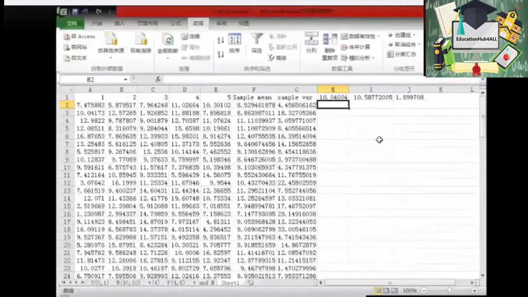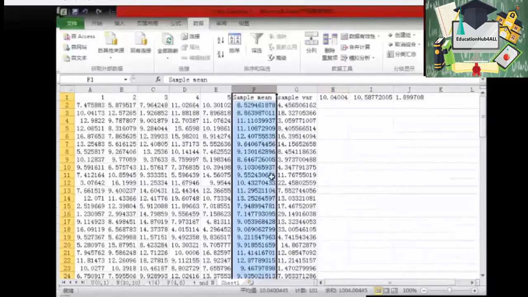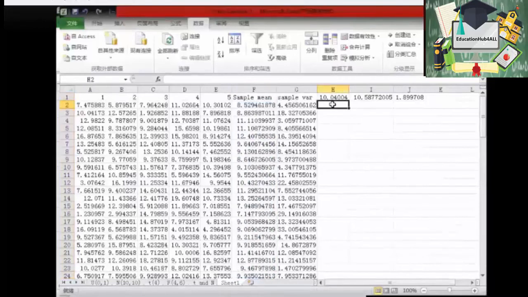So we draw the distribution we want to find. Basically, we want to make a frequency distribution on these sample means. Normally we don't want to miss anything, so this is the option you can use.